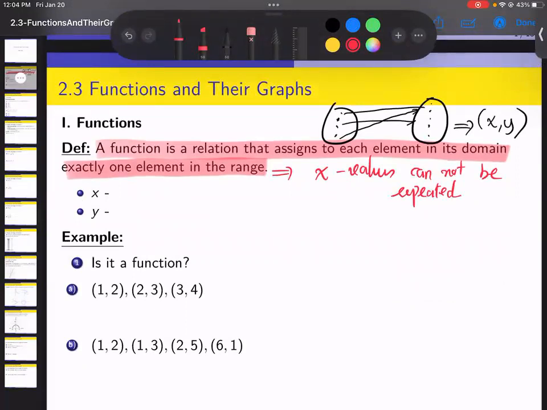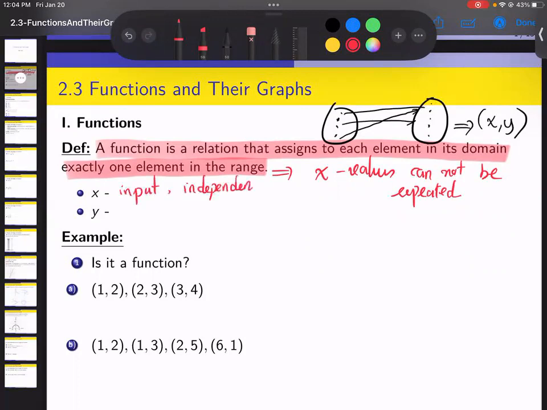So let's go to my notes so I can see the extra credit. X value is the input value. It is independent.